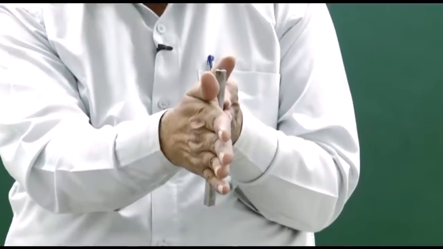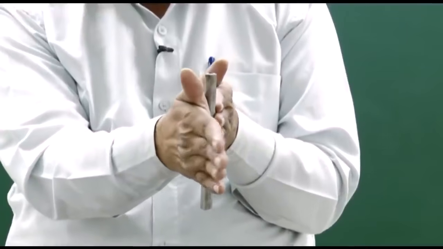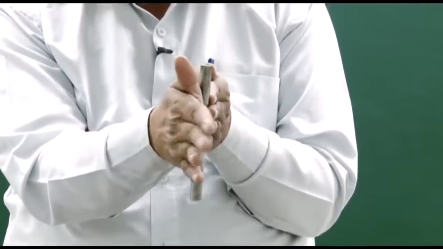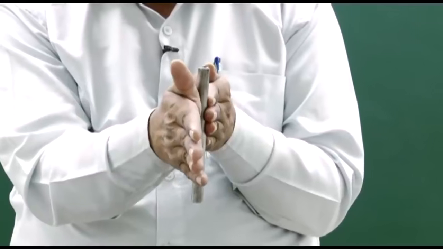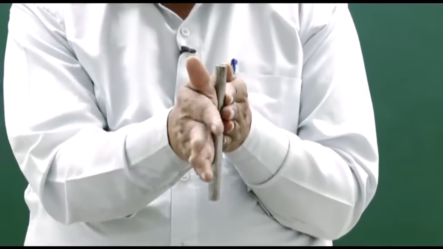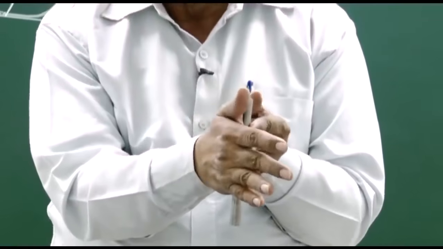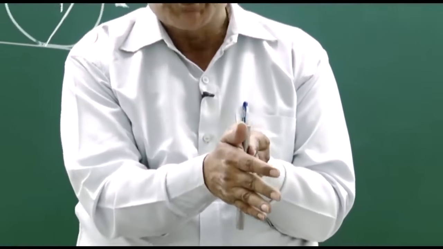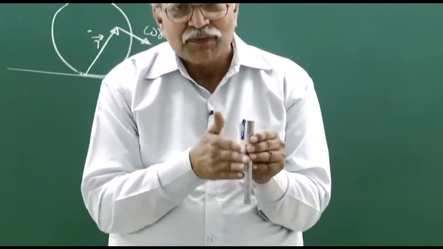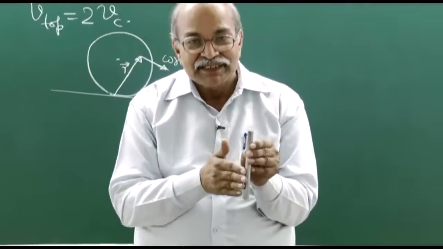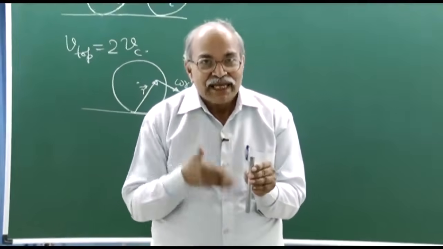The fingers have gone here, and it is just the length of two palms, one palm is here and one palm is here. So, the distance covered by these fingers is double the distance covered by the center or the axis of the tube, and that shows that the top surface has double the velocity of the axis points.